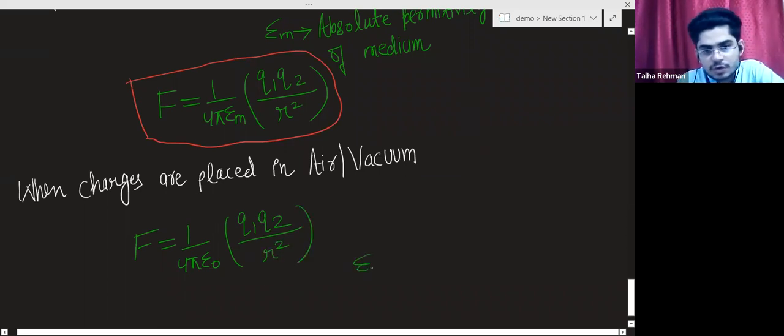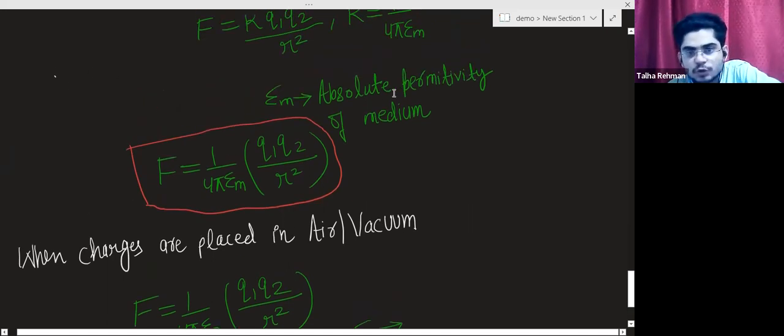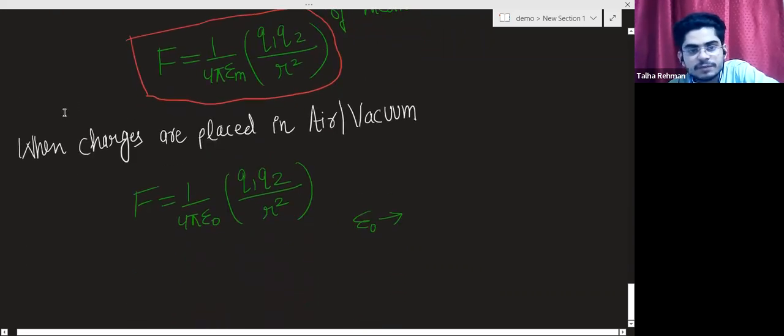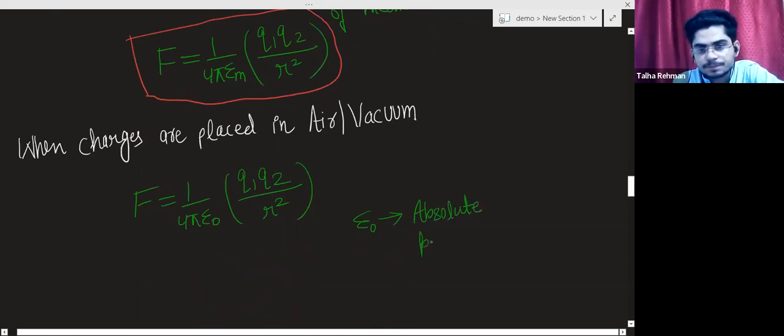And epsilon naught here is the absolute permittivity of the medium. What is the medium here? Medium is air, so this is the absolute permittivity of air or vacuum.